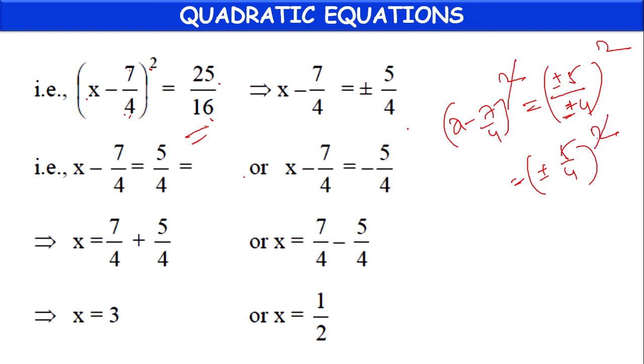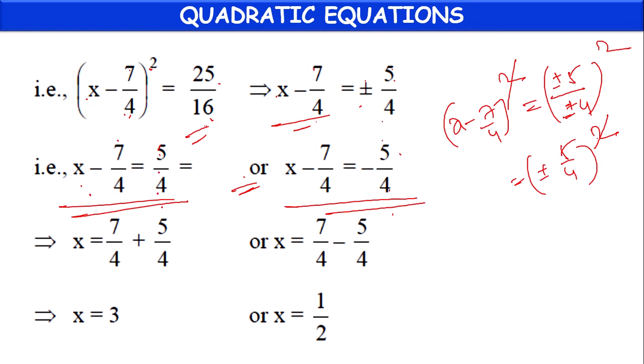Square gets cancelled. So we will have x minus 7 by 4 equal to plus or minus 5 by 4. One time we can take 5 by 4, or second time we can take minus 5 by 4.